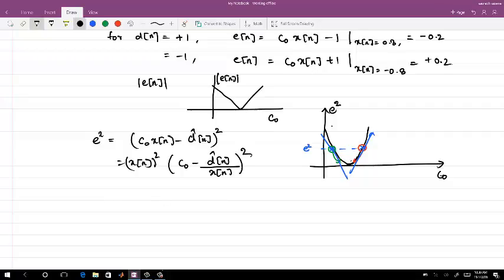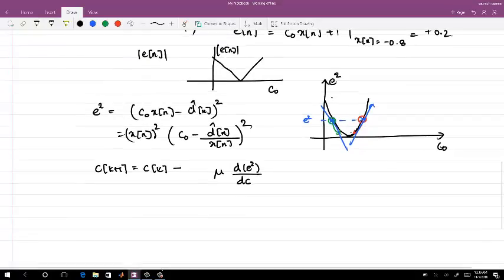C of k plus 1 is equal to C of k minus, I need to take the slope of error square with respect to C into account, right? And then I need to change the value. So I will go and change the value with some factor mu. So mu is the delta which I will change.